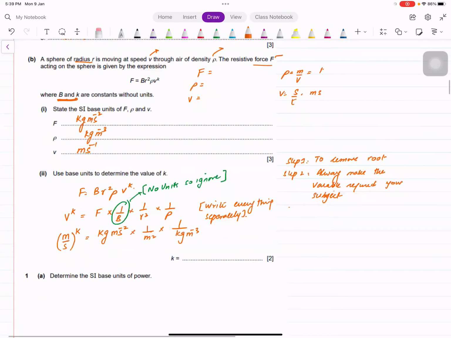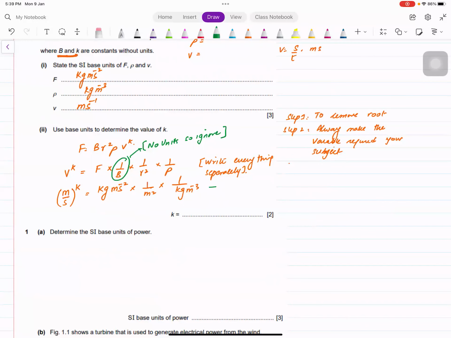Then what you're going to do from this point onwards is just simplify to remove negatives. All right.